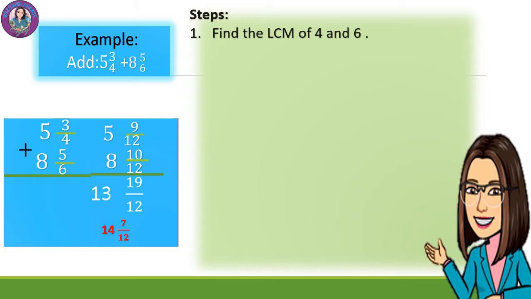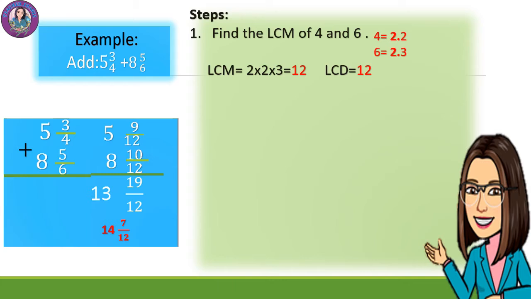Step 1, find the LCM of 4 and 6. The LCM of 4 and 6 is 12. Now, how did we get 12 as the LCM? We use prime factorization. In 4, we have 2 times 2, and in 6, we have 2 times 3.